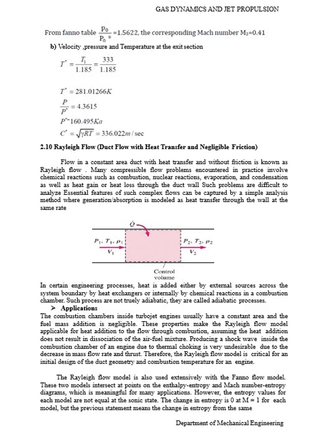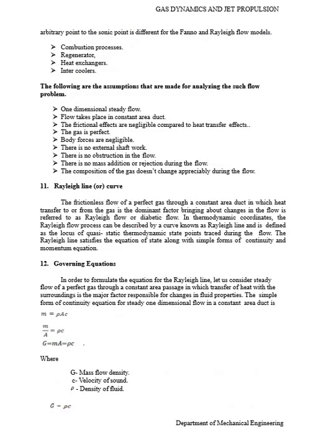However, the entropy values for each model are not equal at the sonic point state. The change in entropy is 0 at M equal to 1 for each model, but the previous statement means the change in entropy from the same arbitrary point to the sonic point is different for the Fanno and Rayleigh flow models.